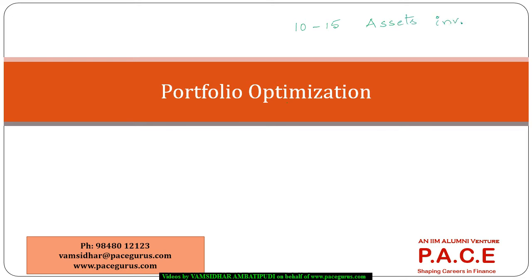Again, the number is just an example. So I have some number of assets to invest and I really want to make out how much to invest in which asset and catering to different kinds of objectives.